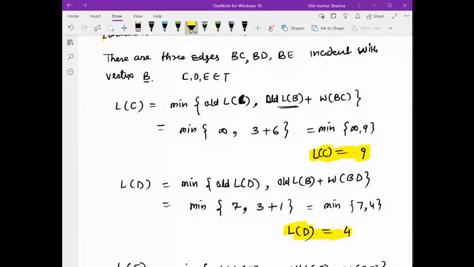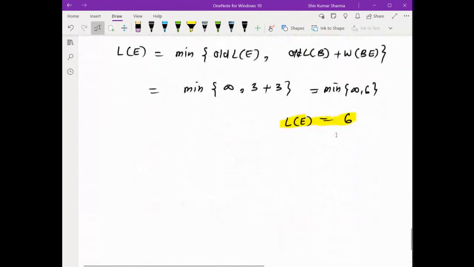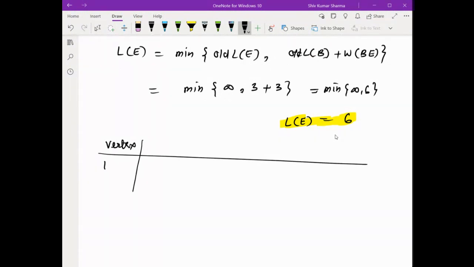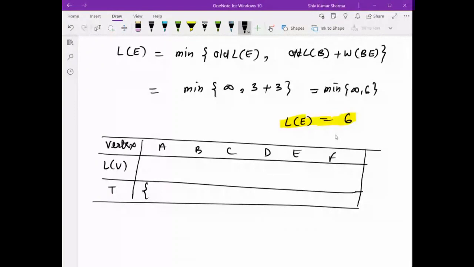Now we draw again a table. For drawing the table, we write vertex, level of vertex V, and a set of T. Once we give the permanent level to the vertex A and B, we do not write them in set T. So here we write A, B, C, D, E, and F. The permanent level of A is 0, level of B is 3.